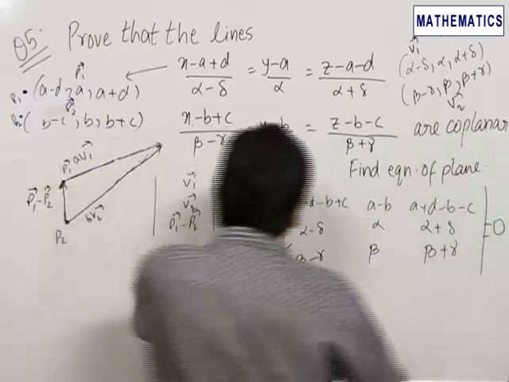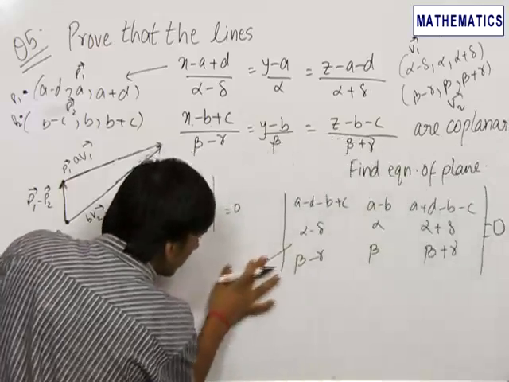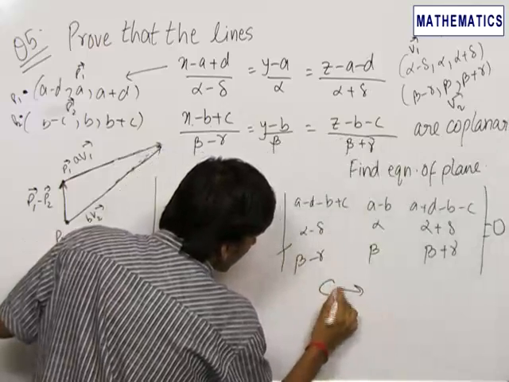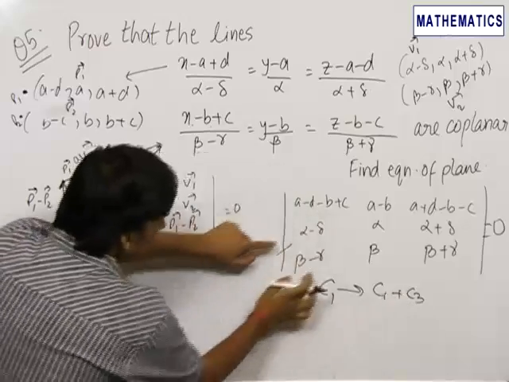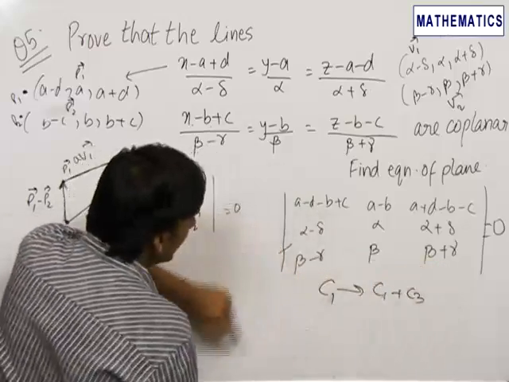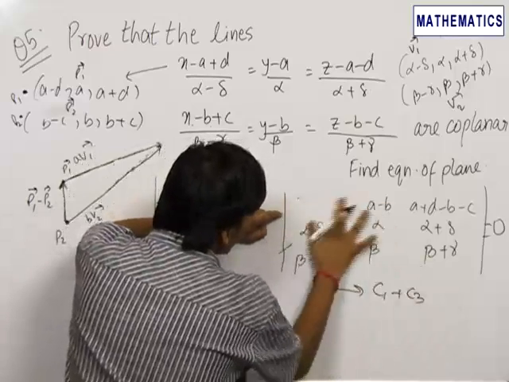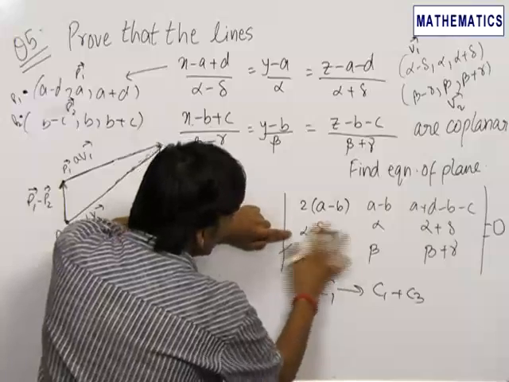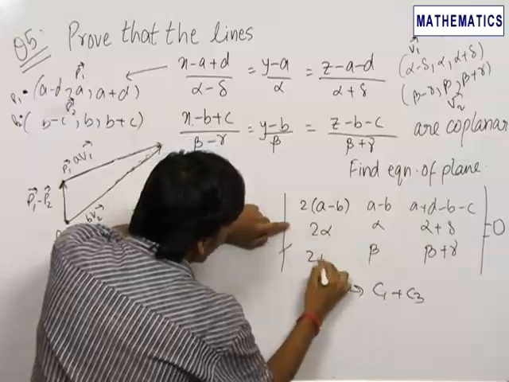Therefore we see here that if we do the transformation, C1 goes to C1 plus C3, that is we add these two columns, then we get 2 times A minus B over here, we get 2 times alpha over here and 2 times beta over here.